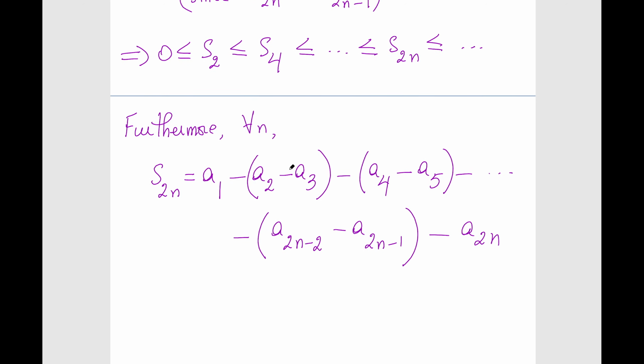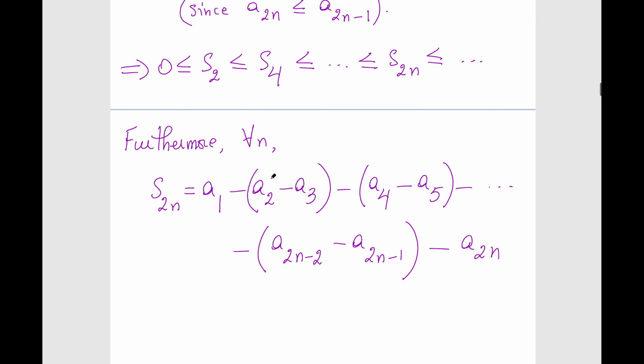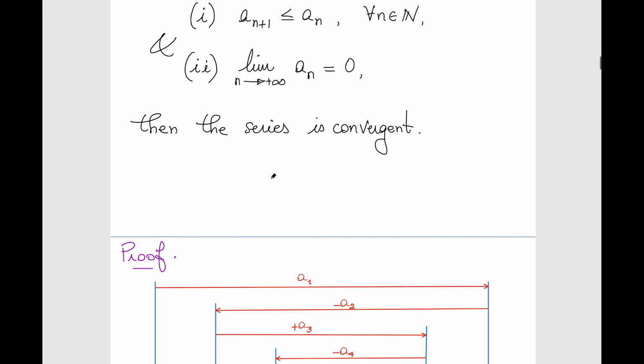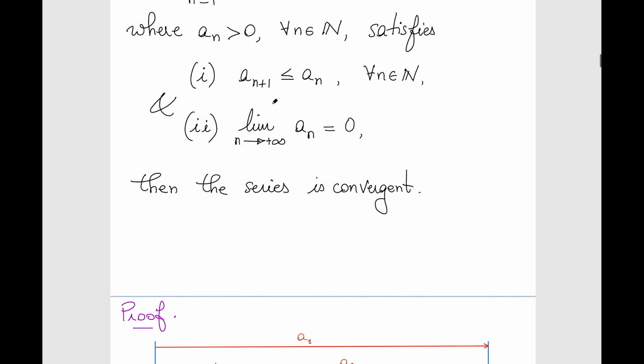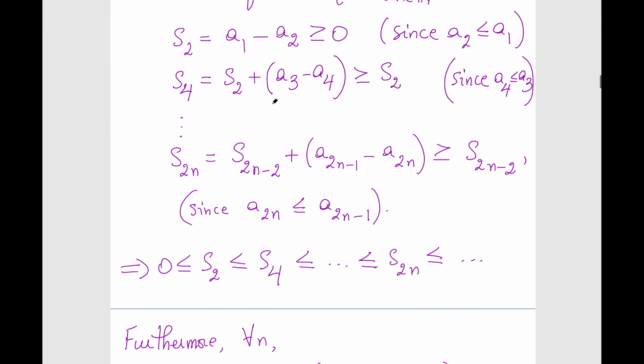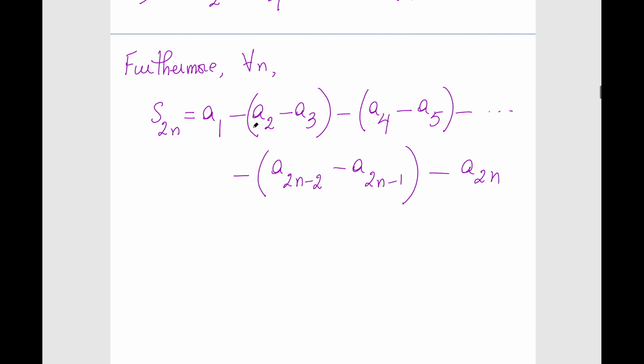And what do we know about all of these? We know that the AIs are non-increasing, because it's less than or equal here. All right. So as such, what do we know about these parentheses then? For example, the first one, we know that A3 is less than or equal to A2, correct?